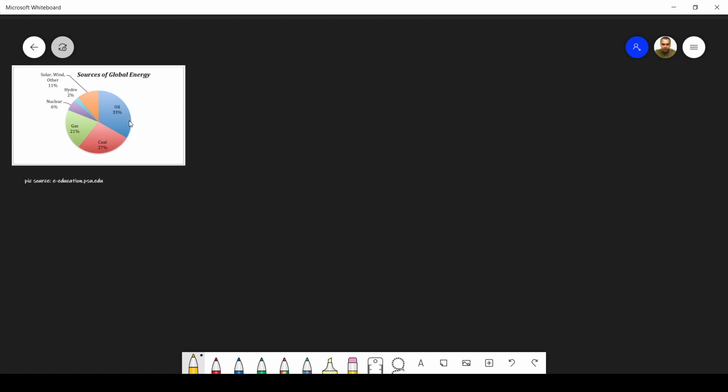So as you can see, it's very clear that the major sources of energy are oil, coal, and natural gas. Nuclear energy constitutes about 6% of all the power sources of the globe.